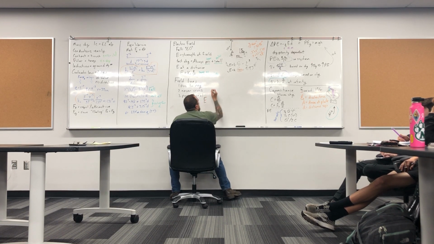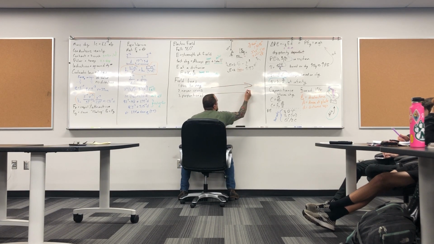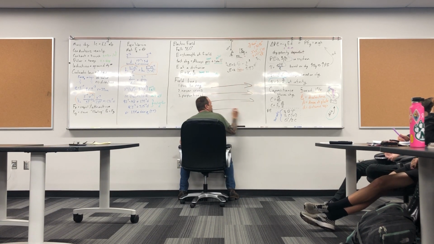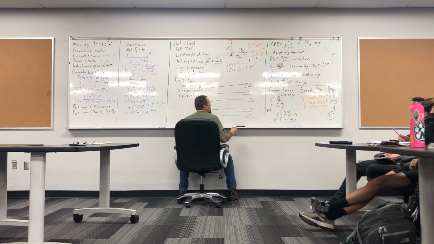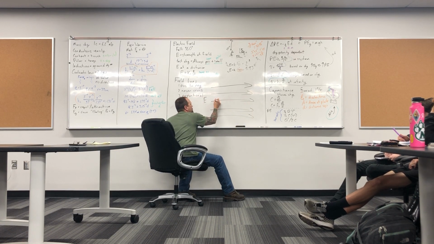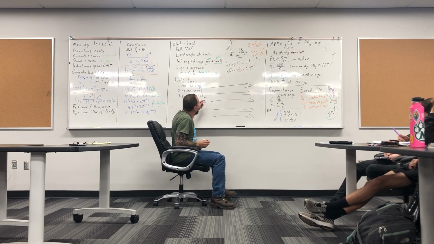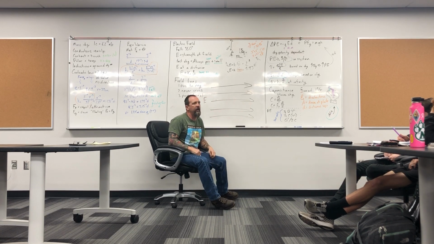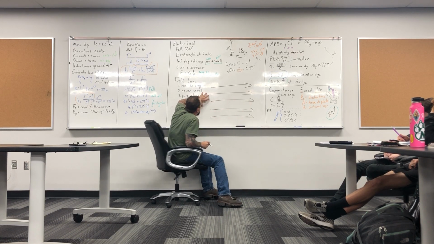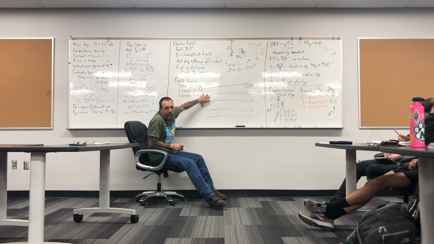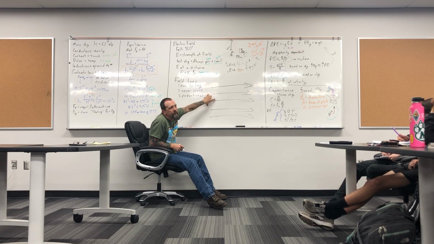Here's E. E has arrows, and they go that way because if we drop in a positive test charge right here, it's going to want to go this way. Does everybody agree with that? Here is the source of the electric field. Where does that want to be? Yeah, as far away as possible from here, right?